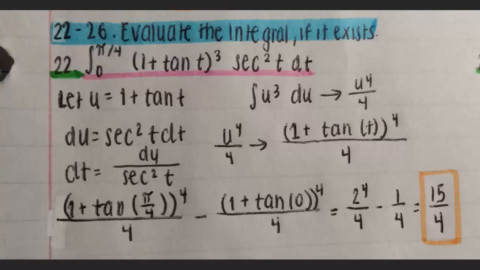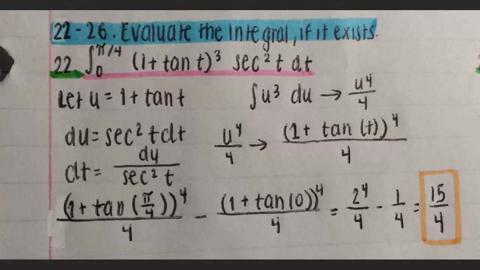So the integral would be u cubed times du, and the antiderivative of that would be u to the fourth over 4. Then we substitute u back, so it would be 1 plus tangent t to the fourth power over 4.